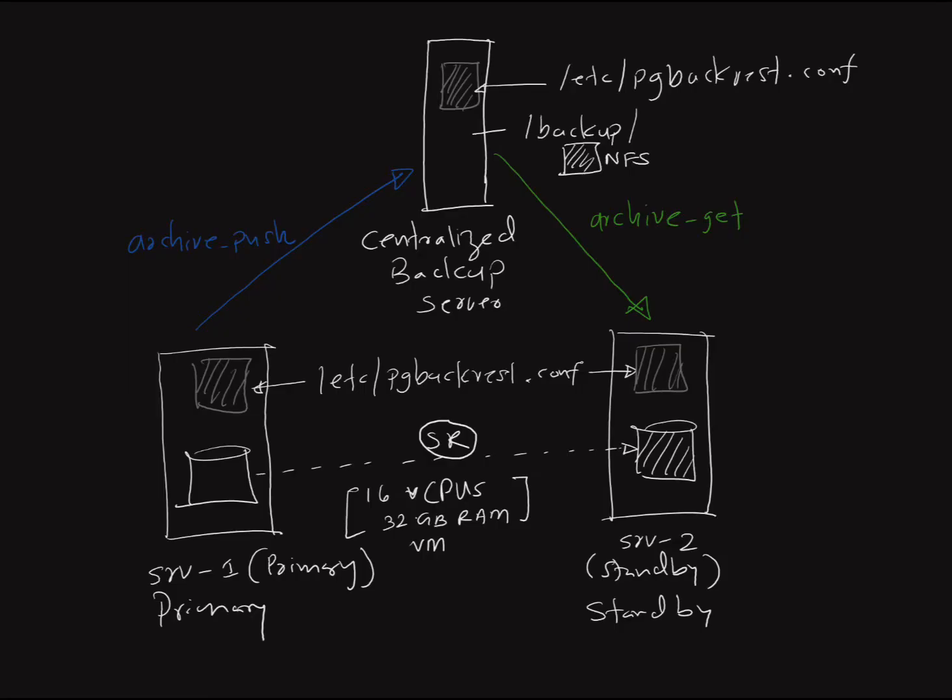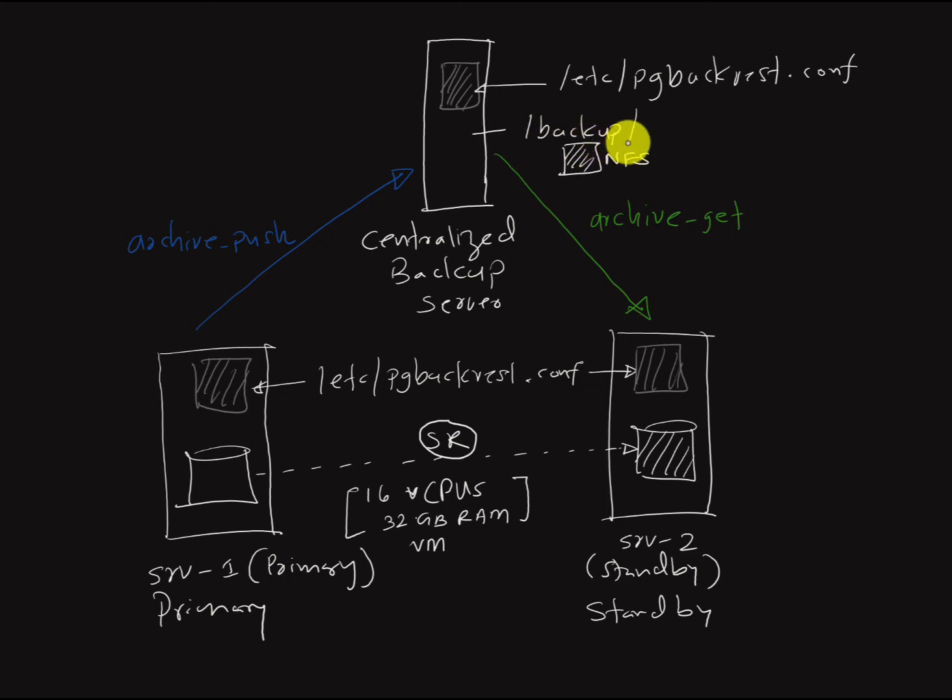This is the high-level architecture of the pgBackRest setup that I have used, and it has 3 servers involved. One is the primary server, which is server 1, the standby server is server 2, and the backup server is the third one. The primary server pushes all the WAL files to the centralized backup server, which has a mount point attached to contain the backup storage.